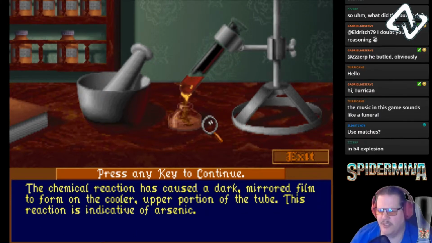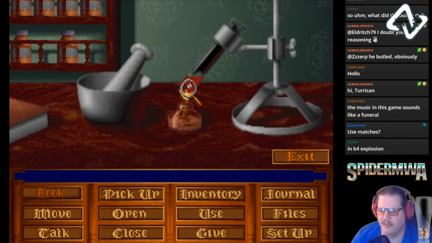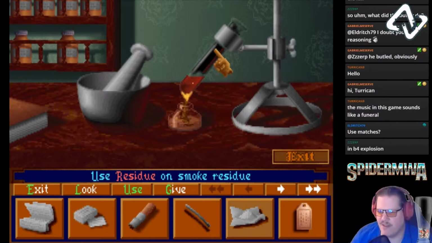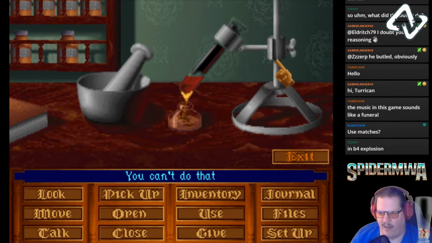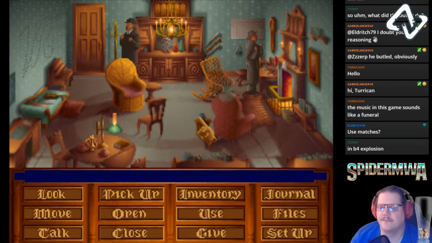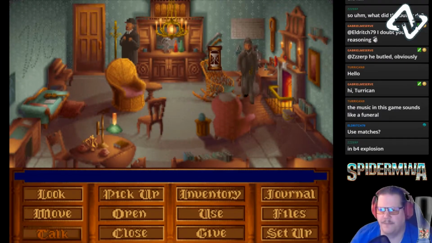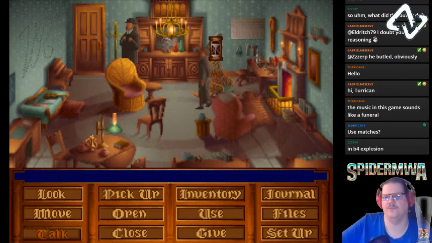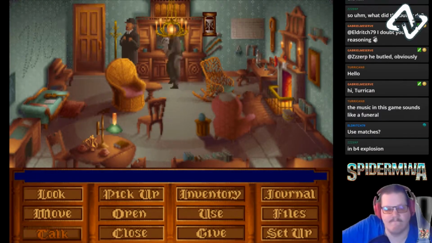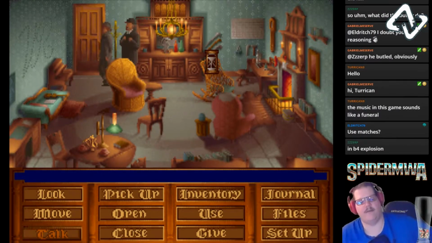Chemical reaction has caused a dark mirrored film to form on the cooler upper portion of the tube. This reaction is indicative of arsenic. Very, very fascinating. Can't do that. Okay. Before explosion.